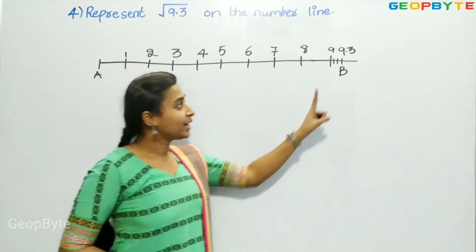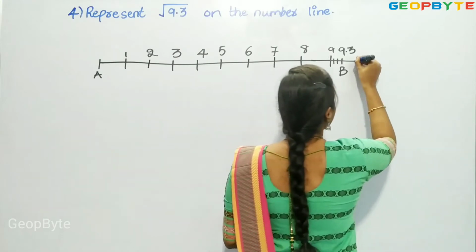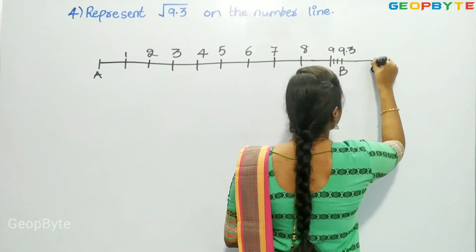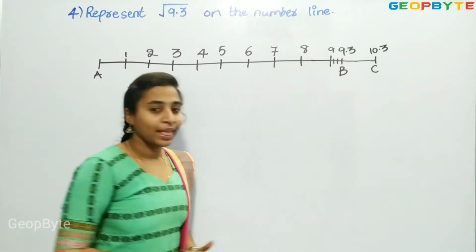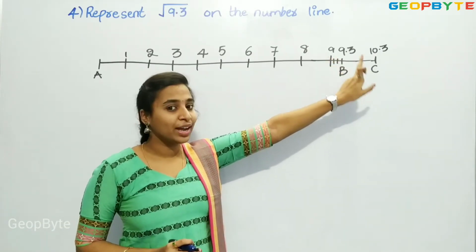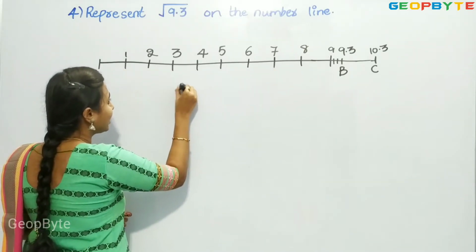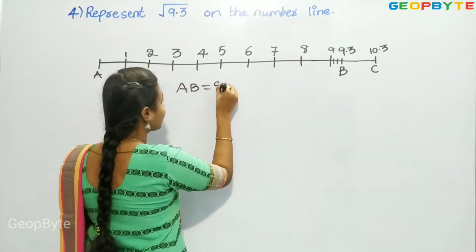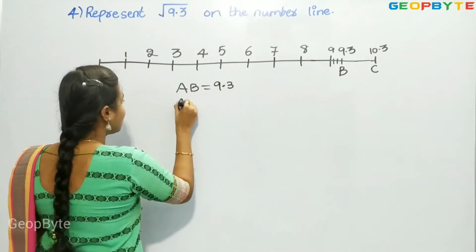Now let us extend from B to C as 1 unit. This is the point C, which is 10.3, as 9.3 plus 1 gives you 10.3. So now we have the length AB equal to 9.3 and AC equal to 10.3.